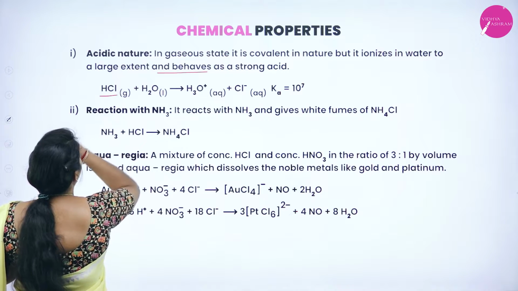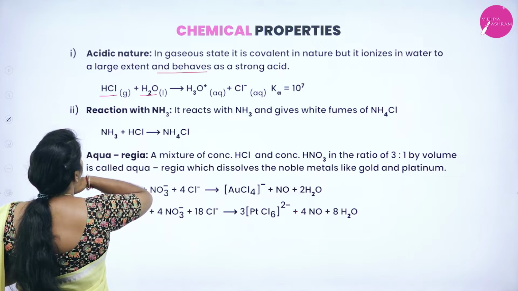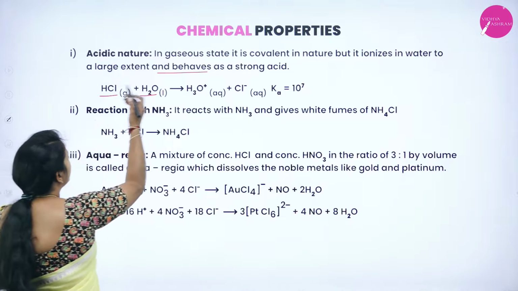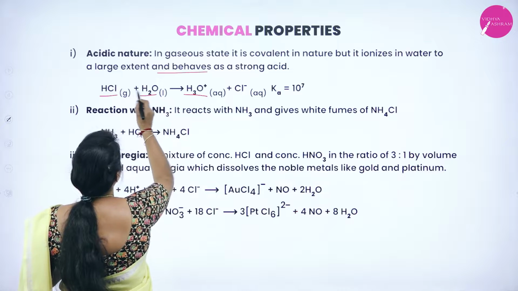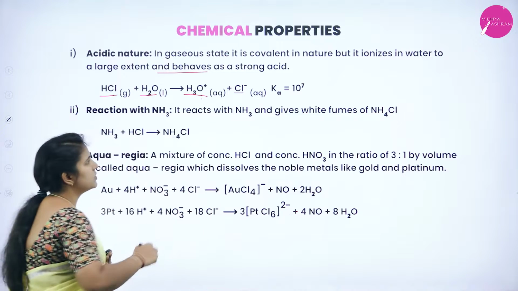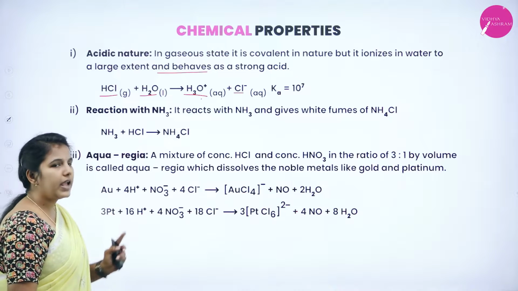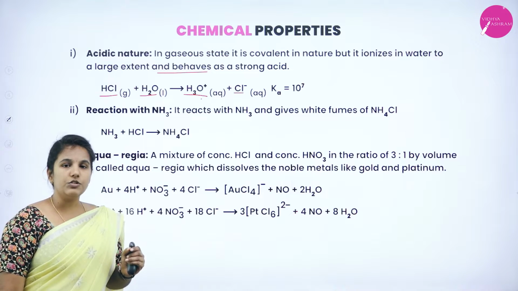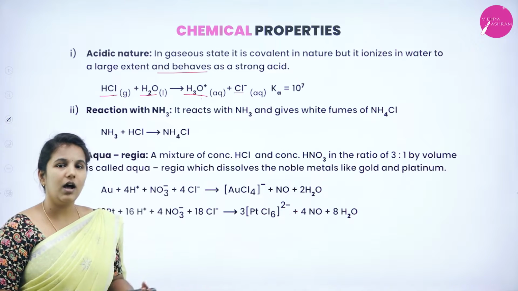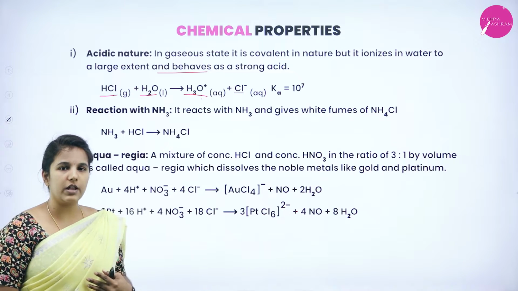You can see that hydrochloric acid, which is a gas, when dissolved in water, gives rise to H plus ions to the water. Thereby, it forms a hydronium ion and chloride ions are released. This reaction indicates that when hydrochloric acid reacts with water, the water can accept one hydrogen ion.